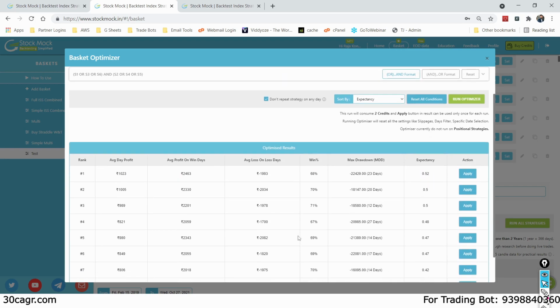But my point here is it is not a bad idea to sacrifice a little bit of expectancy if you see an advantage in other metrics. So, for example, you can see that the maximum drawdown for the first strategy is 22,500 and the days it took to recover is 23 days.